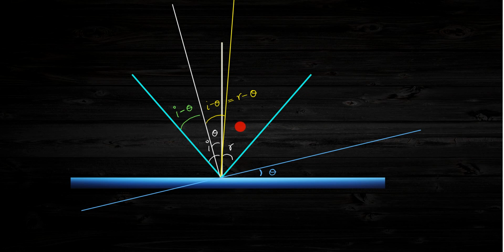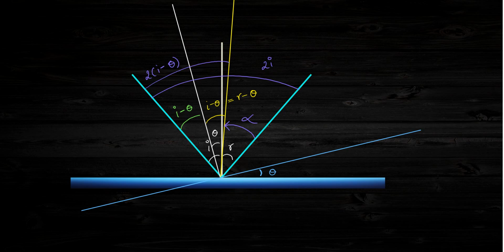So compared to the original reflected ray, how much is this shift? Let me call that shift alpha. We can say that this original angle was essentially 2i, because it is I plus R, which is I plus I, hence it is 2i. Now in order to find the angular shift alpha, we need to find this particular angle, which we know is 2 times I minus theta.